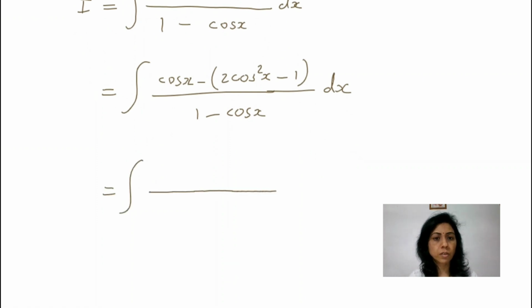Integration, denominator as it is, cos x, and this is minus 2 cos square x plus 1. Minus multiplied with minus 1 will be plus 1, and we can write plus 1 first. Then this is cos x, and minus 2 cos square x dx.